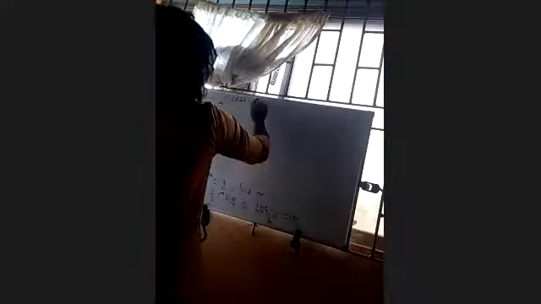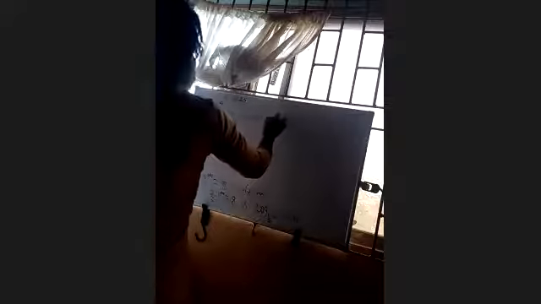Okay, we don't have our number. So we say, in this case, let log 0.0625 base 4 is equal to x.